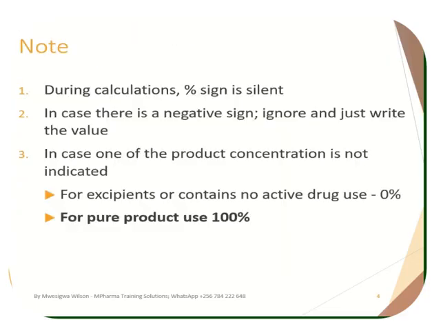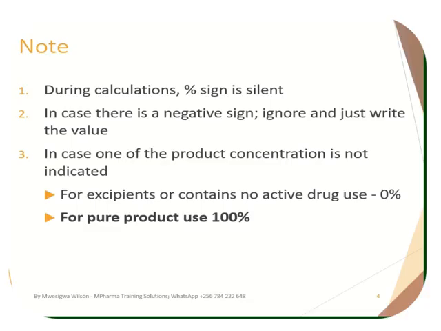Now, during the calculations, the percentage sign is silent, or ignore the sign, because as you're going to see later on, you're going to divide a percentage by a percentage and it will go away. So we subtract numbers. We always subtract the bigger from the smaller, but in case you are getting a negative, we don't use negatives. We just ignore them.